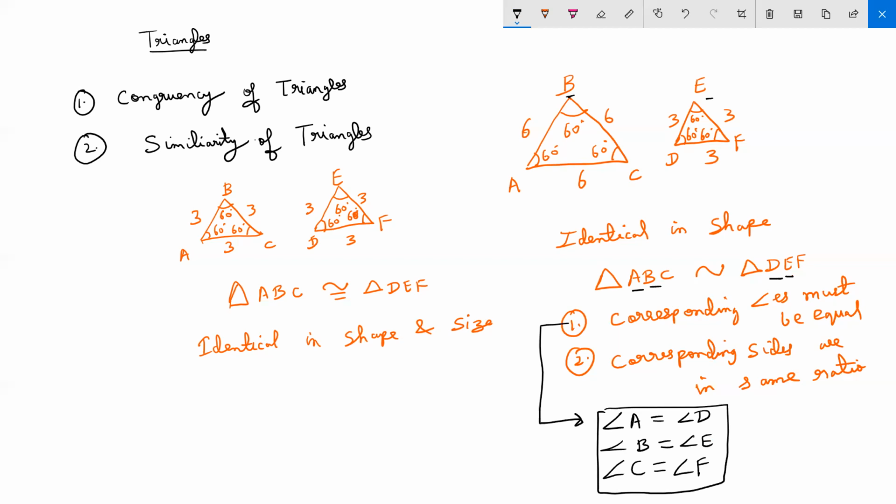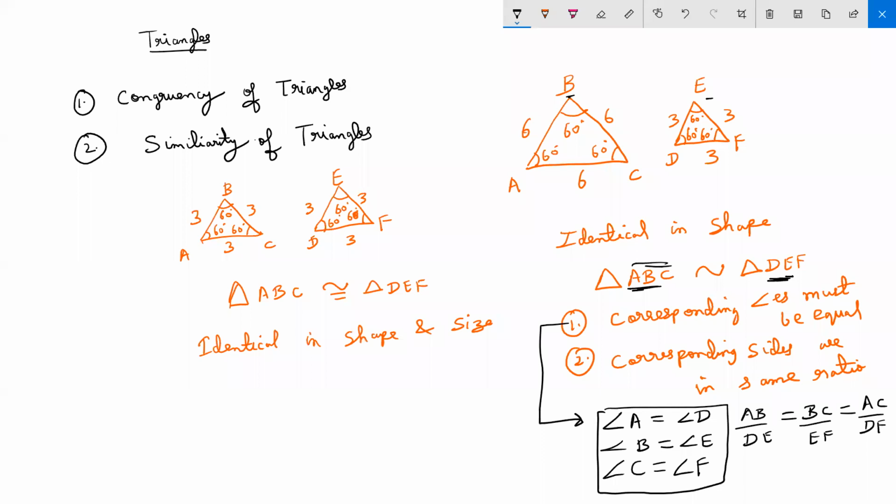Corresponding angles must be equal and their corresponding sides are in the same ratio. For example, here AB is the side of the first triangle, then the side corresponding to AB is DE. So the ratio of AB to DE, and similarly BC to EF because the side corresponding to BC is EF, and AC to DF.